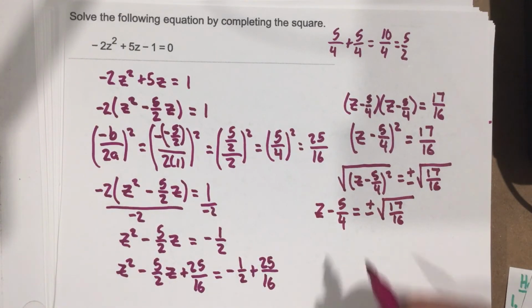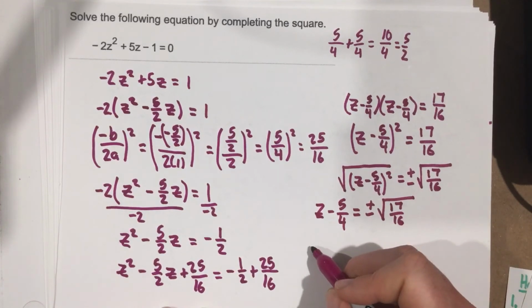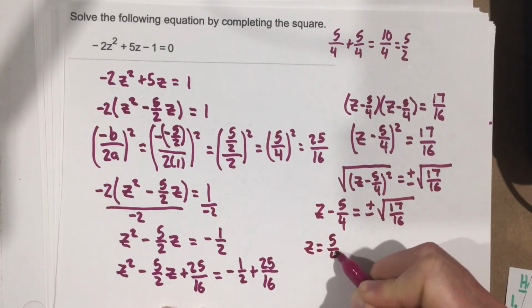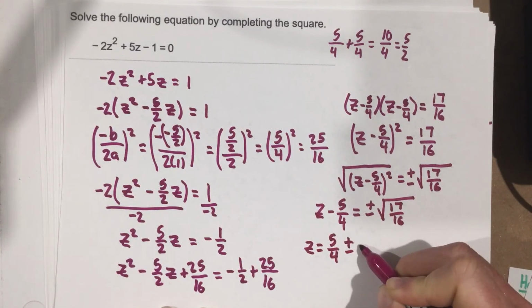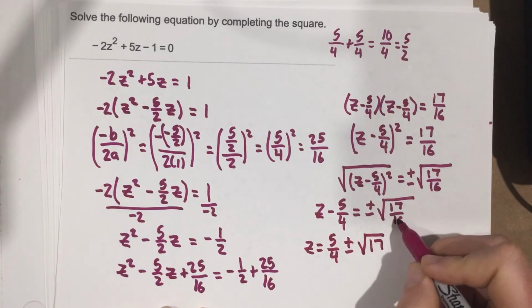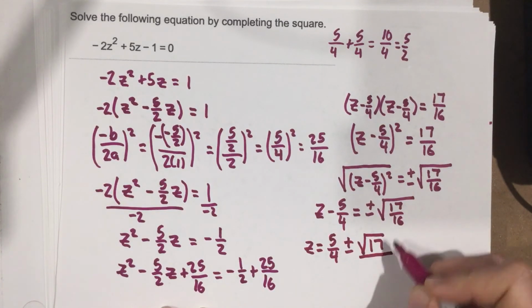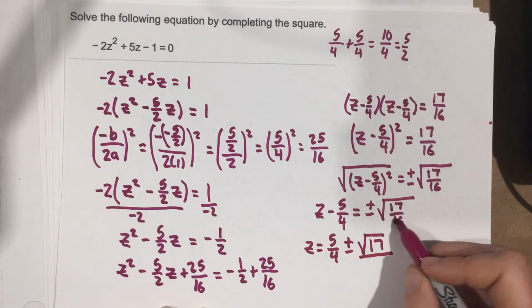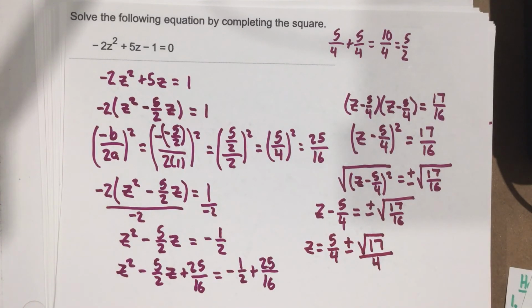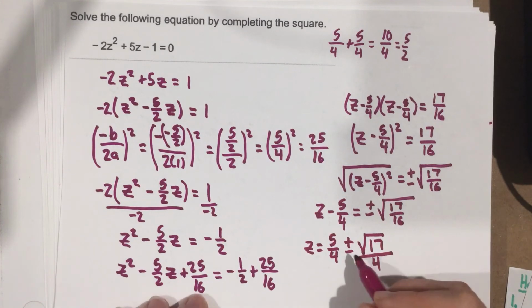Now we can go ahead and add this over. So that's z equals 5 over 4 plus and minus root 17. Now I'm going to split this root between the top and the bottom. The top will be root 17. The bottom, if you did root 16, that's 4. And so this is our solution.